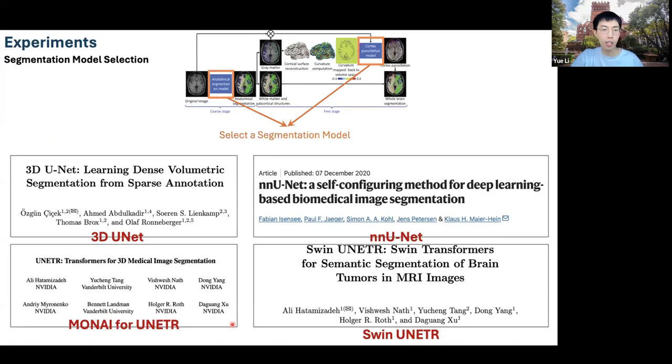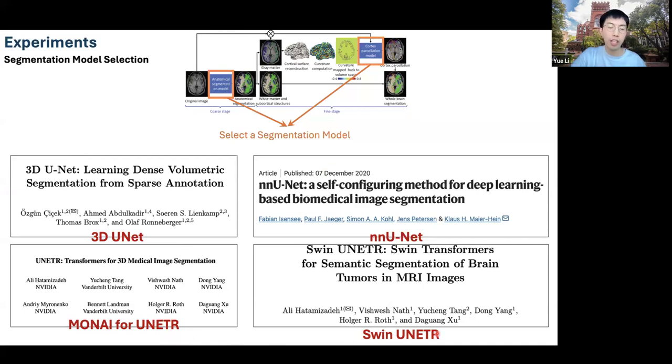But so far, there is a question that we haven't answered, which is that we haven't specified the deep learning model for these 2 segmentation steps. What the authors chose were these 4 state-of-the-art deep learning 3D models, including 3D UNet, UNETR, and Swin UNETR.